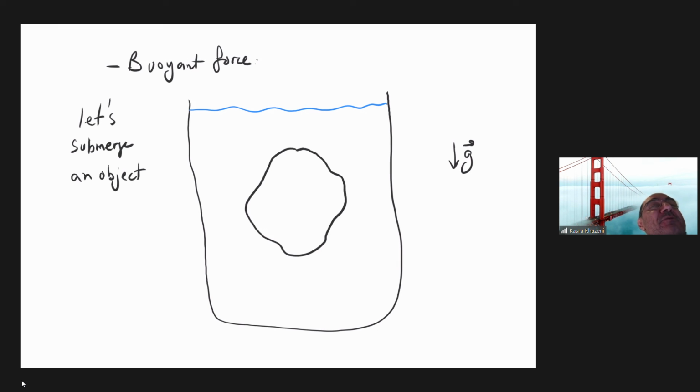Now, remember the pressure of a liquid depends only on the depth. So if you think about it, this depth is pretty small, and this is the largest depth.